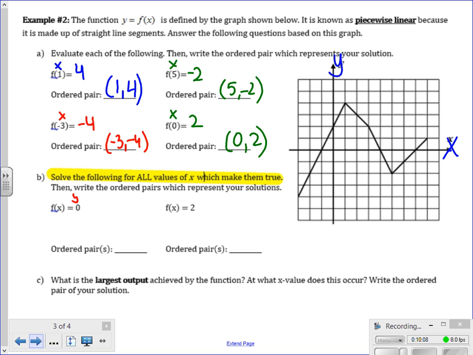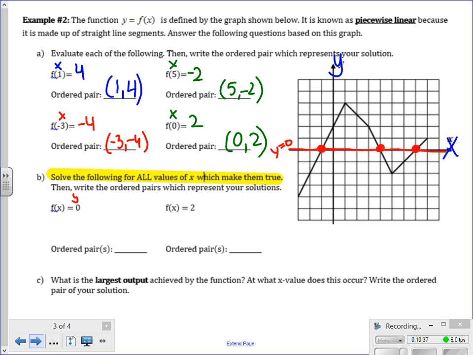The way I like to do this is to go to the graph where y equals 0. That's this portion right here. This whole line, as we talked about when graphing lines, is the line y equals 0. Now when I look at that line, it appears that my function crosses that line at 1, 2, 3 points.